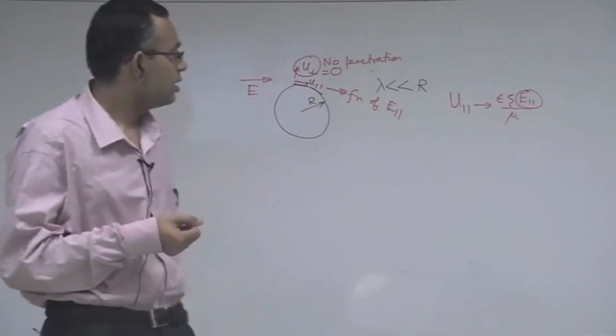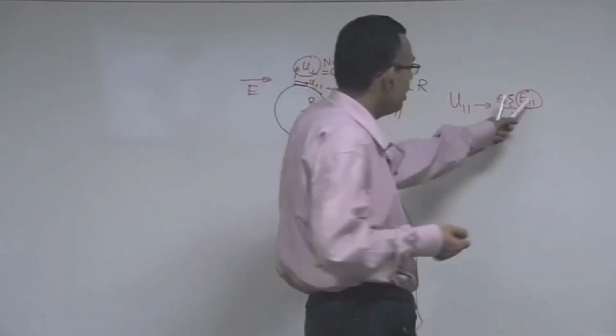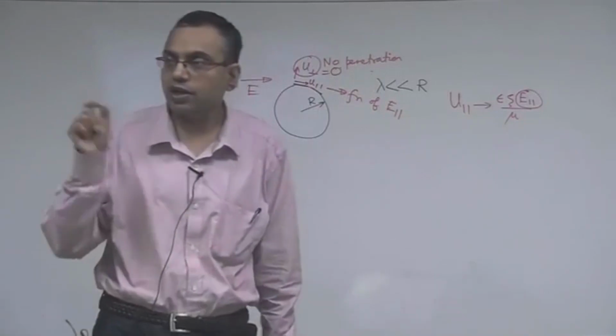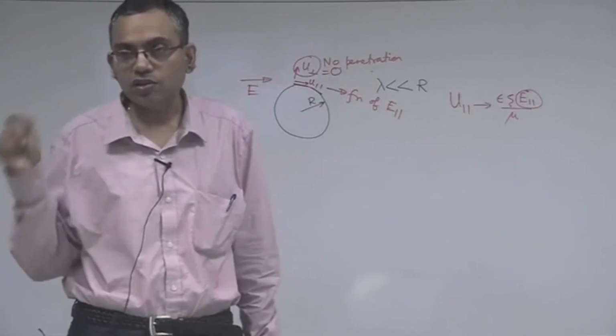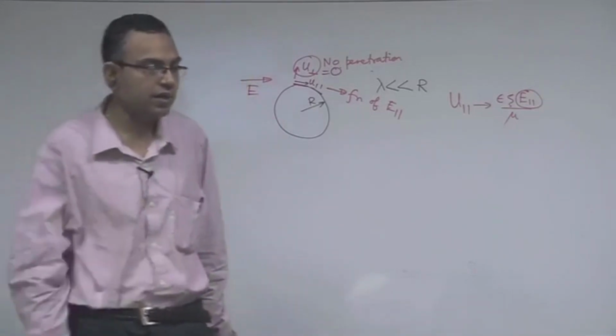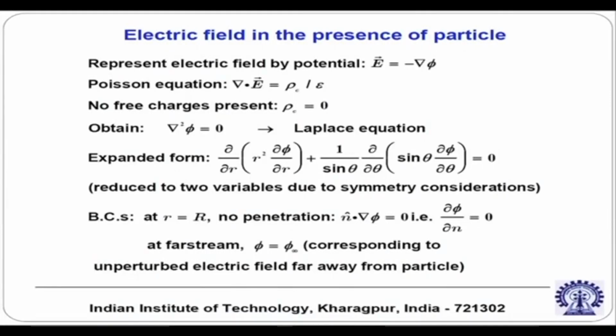So, this E parallel is the electrical field parallel to the element of the surface because of the applied potential, and because the applied potential satisfies the Laplace equation, here we have to appeal to the Laplace equation and not the Poisson equation in general.